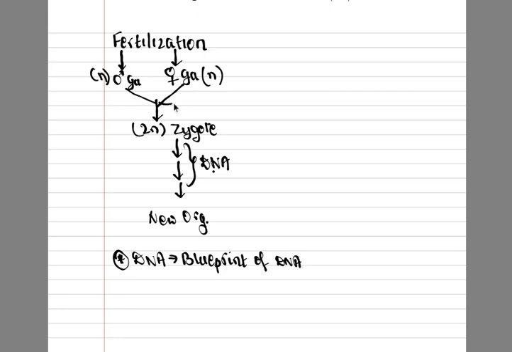But in the animal kingdom, we have divided the type of fertilization according to the location of fusion of the gametes. If the fusion of the male and female gamete occurs outside the female body, then it is called external fertilization. If it occurs within the female body, then it is called internal fertilization.